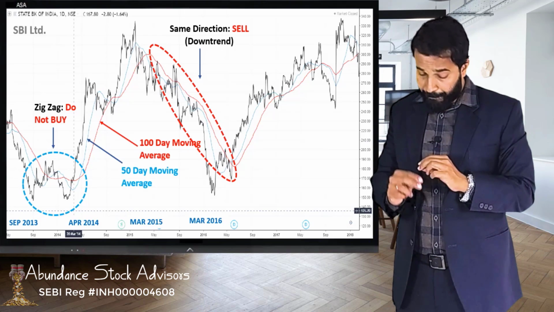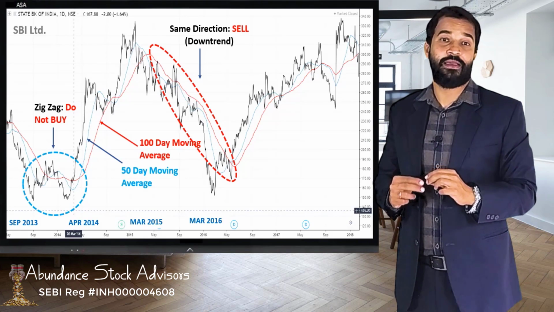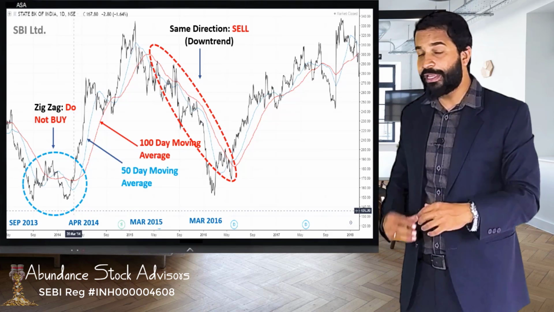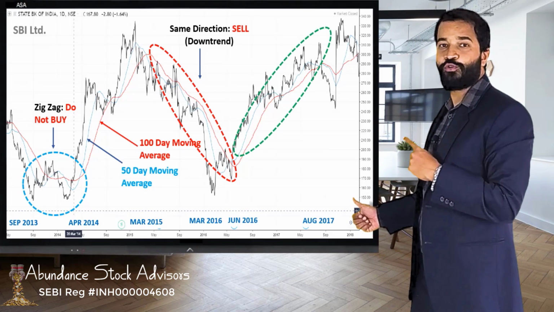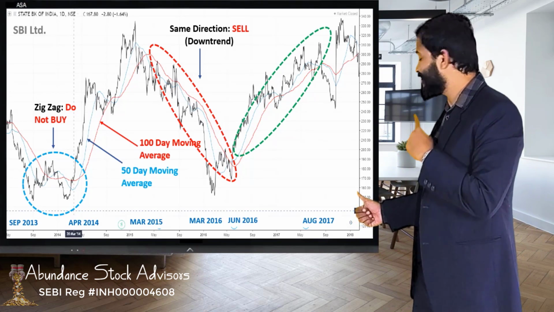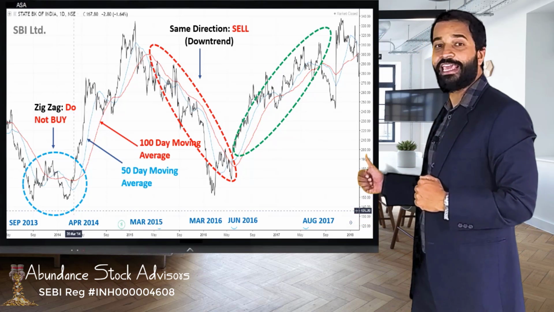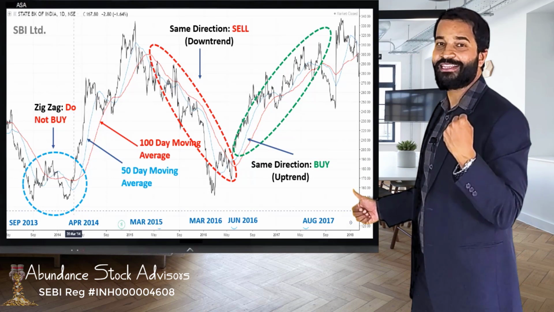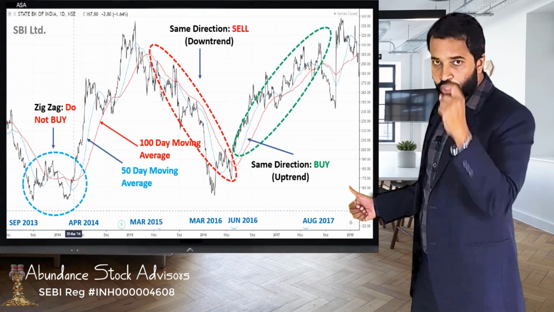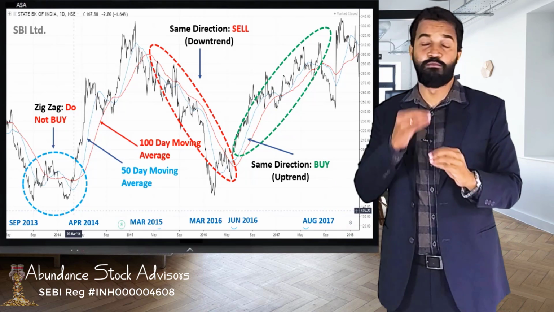Similarly, uptrend is being represented by moving averages seen between June 2016 and August 2017, telling us to think of buying the stock. So it's very easy to identify a trend using moving averages.